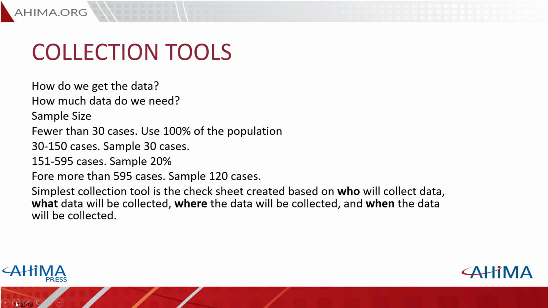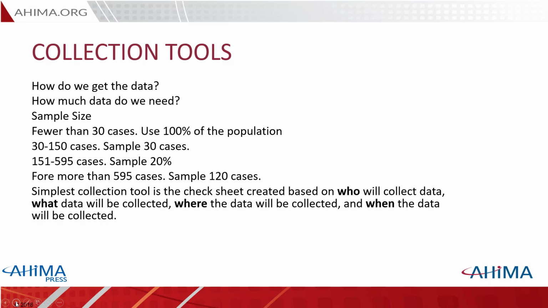So the simplest collection tool that we can use to gather this information is a check sheet. The data on the check sheet helps us to establish patterns. And so these facts assist our team in translating opinions into facts. So remember, through the whole process, what we've done is we have identified what we feel is an opportunity for improvement.